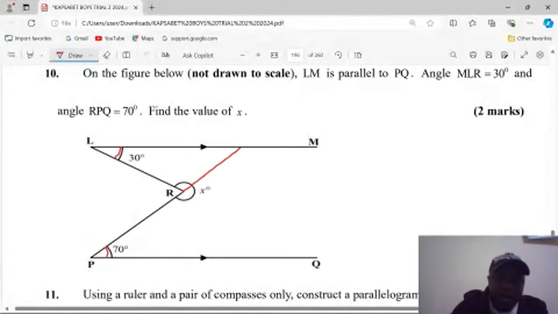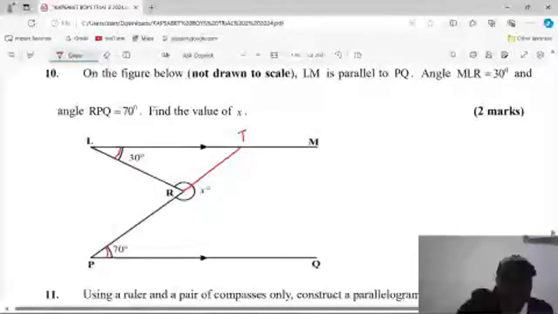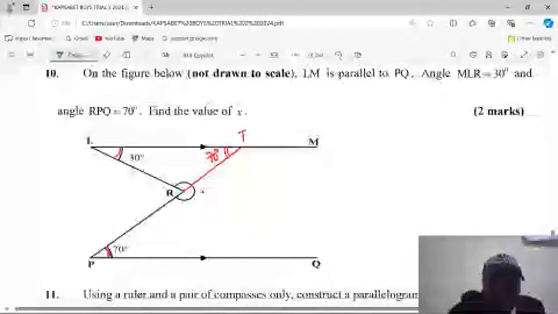When I extend PR, this is point T, for example, then it will mean angle 70 degrees and the angle at T here are alternate and hence equal. So 70 degrees will also be obtained from such a point.